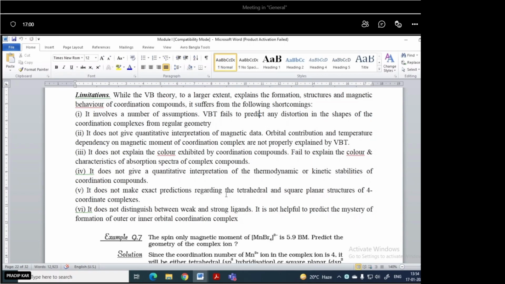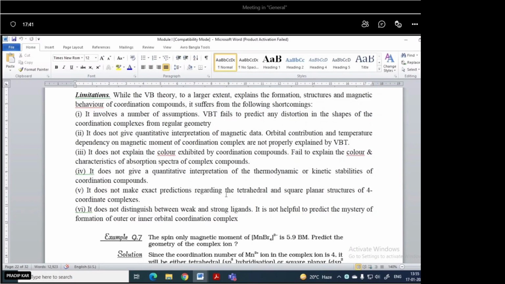But here are the limitations. The limitation is that it fails to predict the shapes of coordination compounds that deviate from regular geometry. It depends on a number of assumptions, and here we are considering that it attains the regular geometry, meaning octahedral, a perfect octahedral, or square planar, a perfect square planar, we are considering.